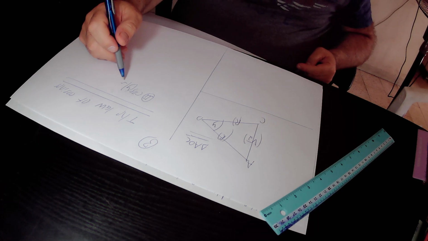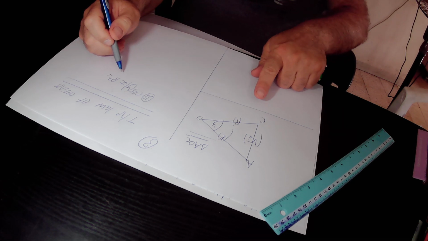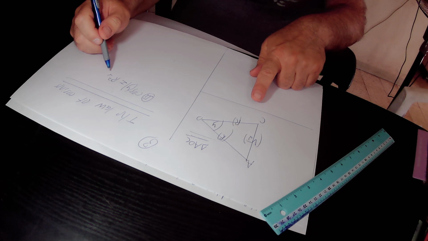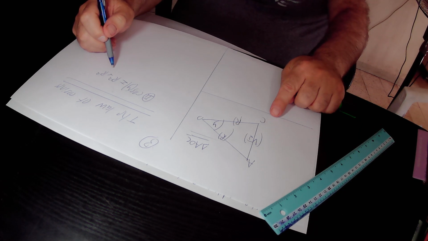AO is R, therefore AO square is R square, plus CO square. CO is also R, therefore CO square is R square, minus AC square.